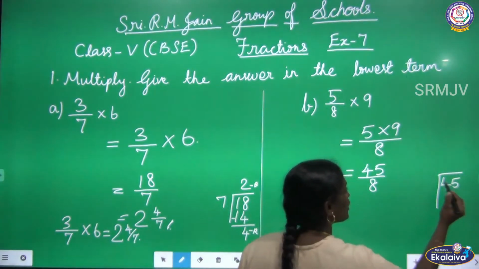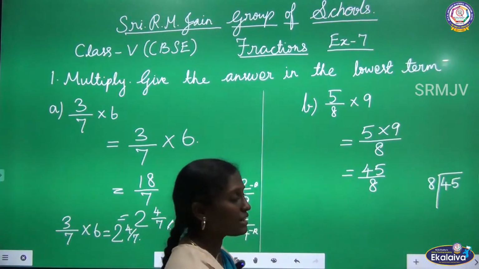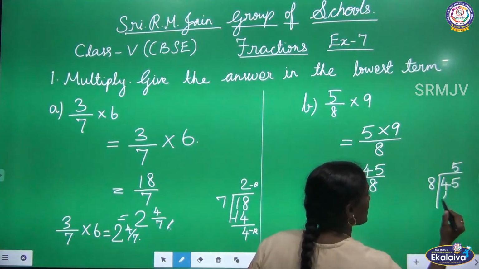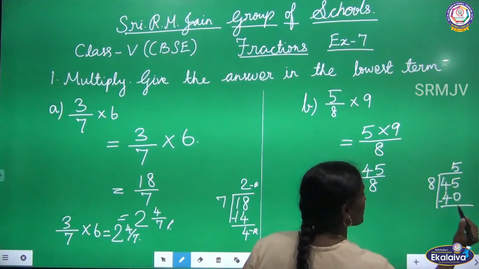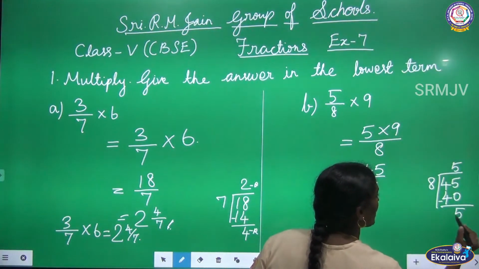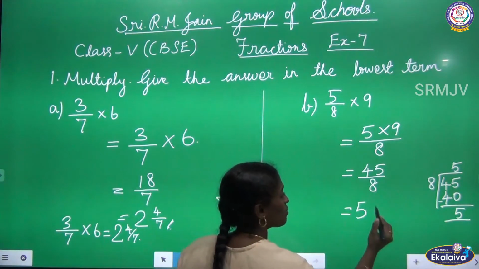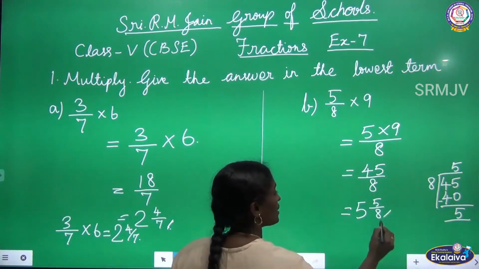So we have to divide the numerator by the denominator. In 45 how many times 8 is there? 5 times, isn't it? 8 fives are 40. Now we have to subtract 45 minus 40, that is 5. So we have to write the quotient as a whole number and the remainder by divisor as a fraction.